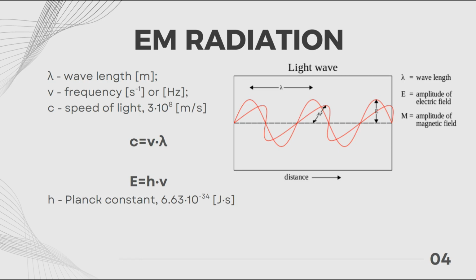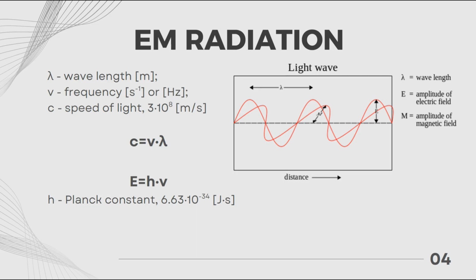This wave is characterized by the following parameters. The most important parameter is lambda, which is the wavelength. You can see that it is just the length between the same points of the wave, because each wave has its maxima and minima, and they repeat and repeat.